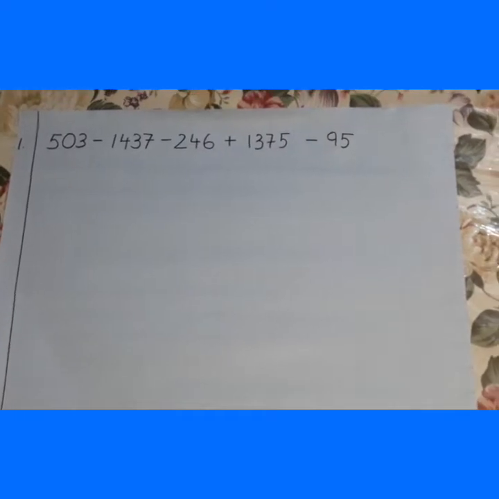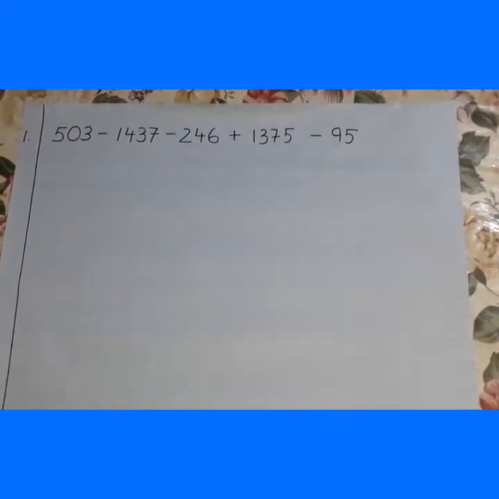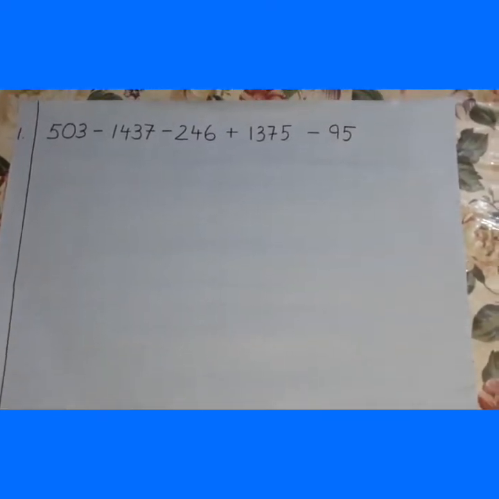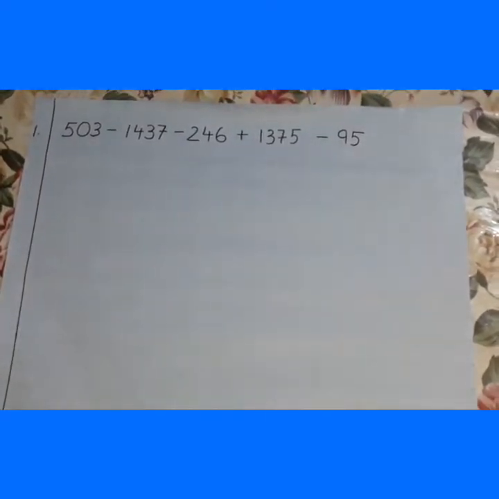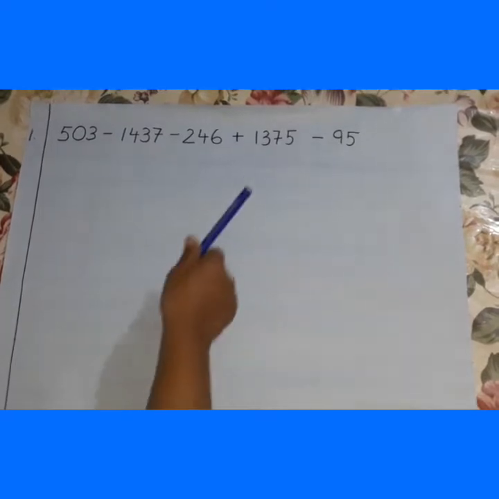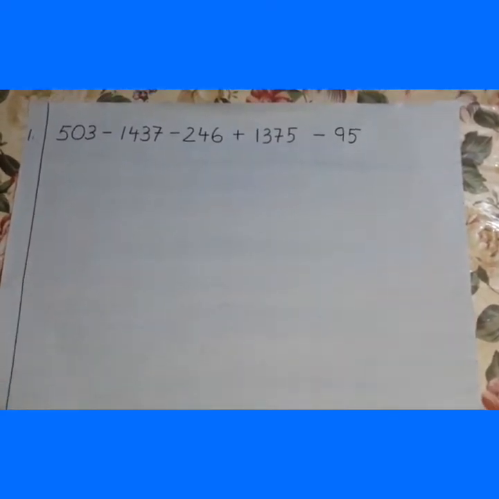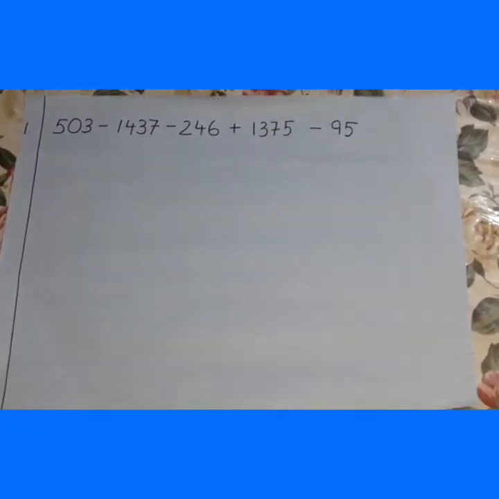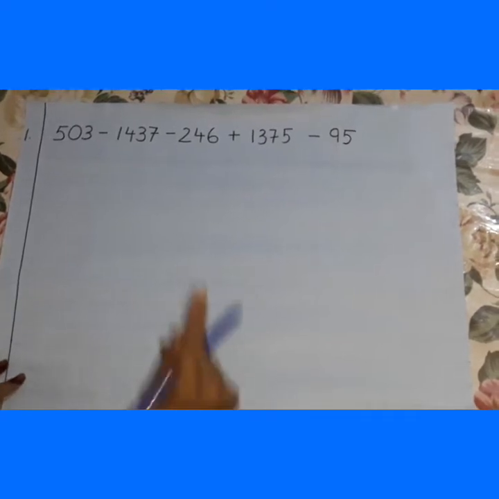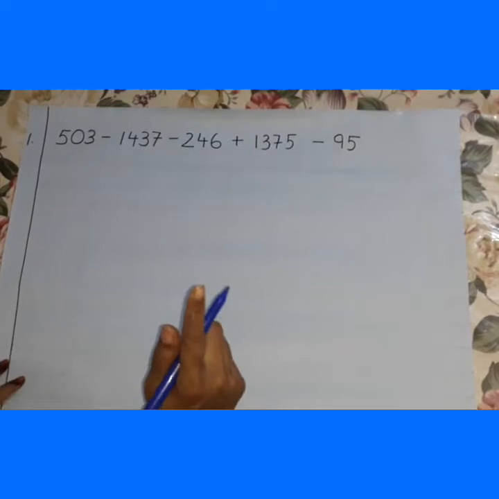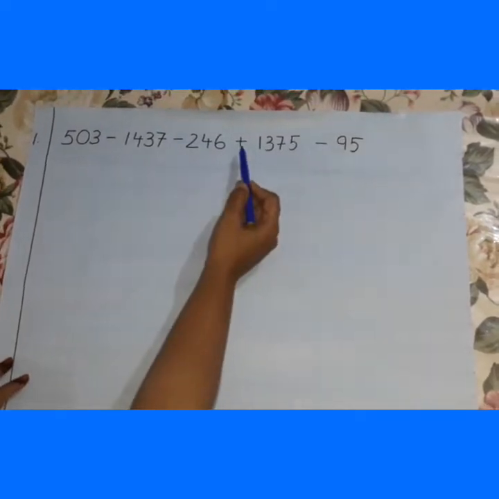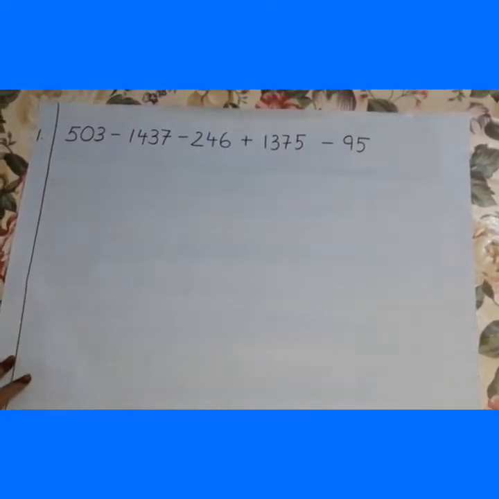Am I right? So, what was the first step that I told you? You are first supposed to rearrange. Why are we supposed to rearrange? Because we want first the plus sign and then comes the minus sign. In rearrangement, I had told you, please see the sign before the number.